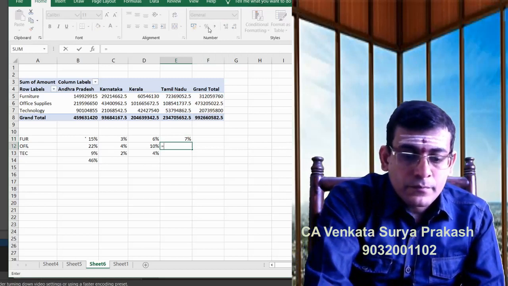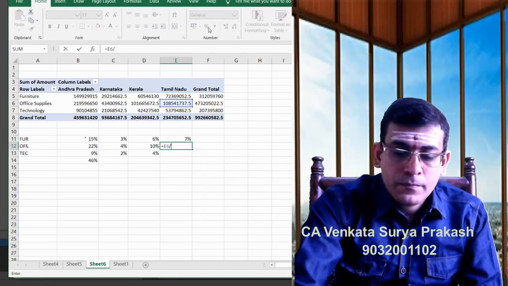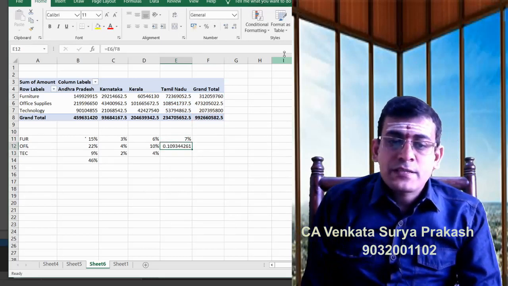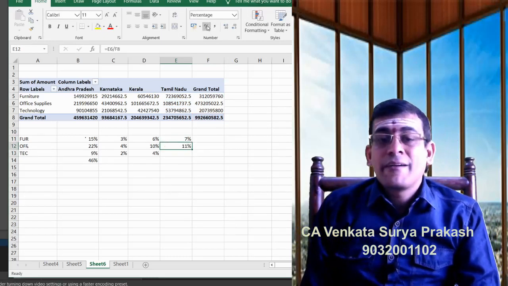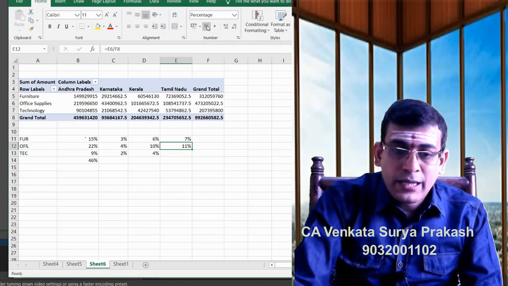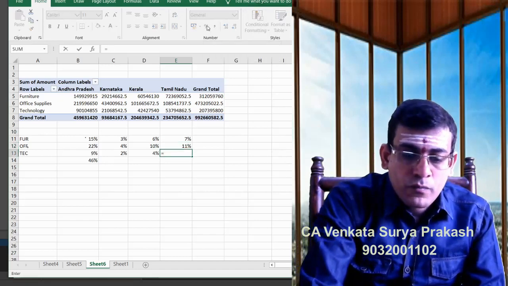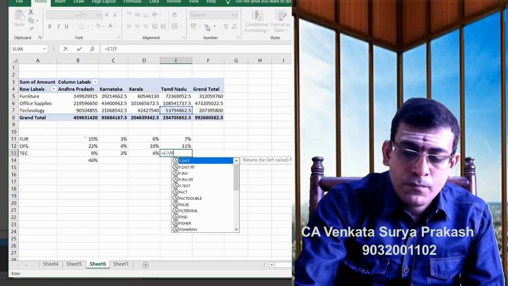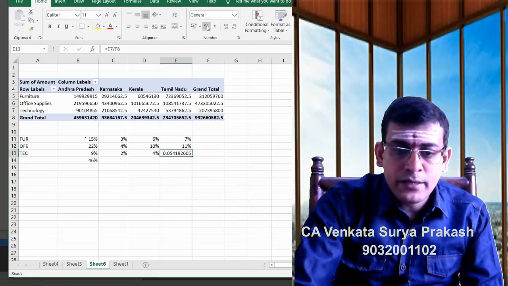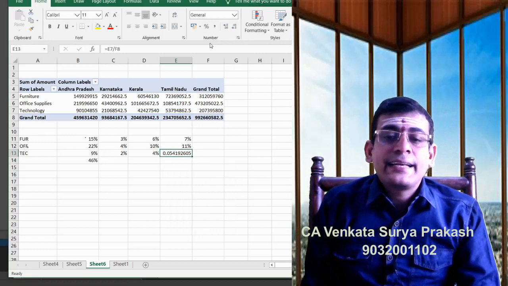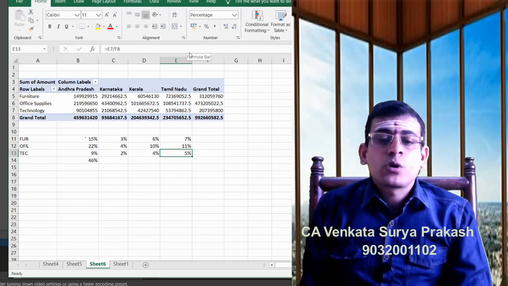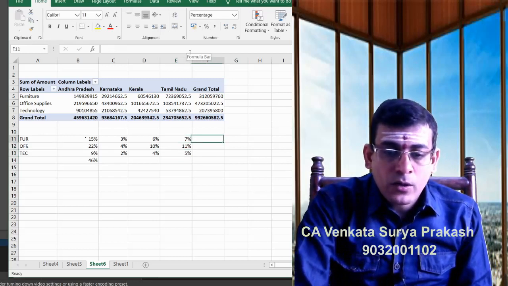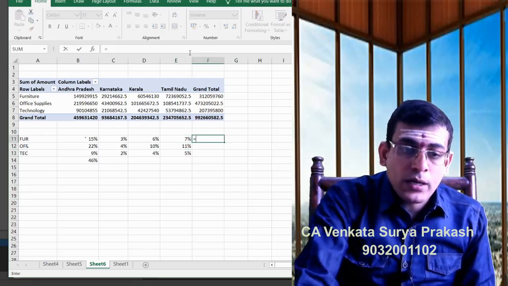Then office supplies is almost the same, 11%. Then technological wise, it is giving 5%, slightly more than Kerala.